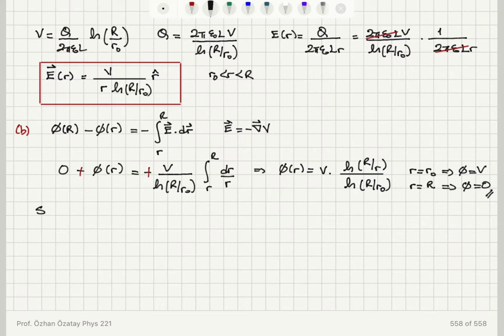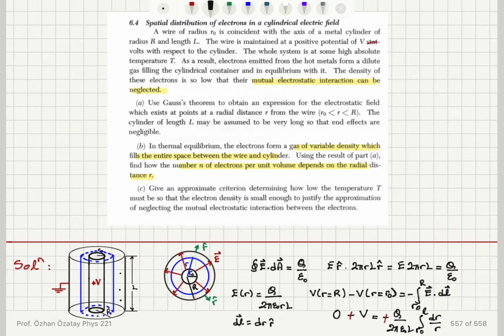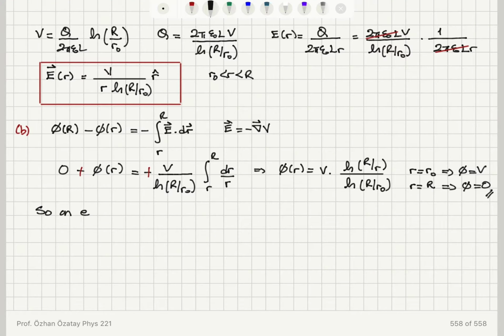So when I have an electron inside this potential, so these electrons have boiled off and are filling the space in between here, they are subject to this potential, so I can find their energies. So an electron has a potential energy at radial position r, which is given by the energy is equal to the electron charge e.